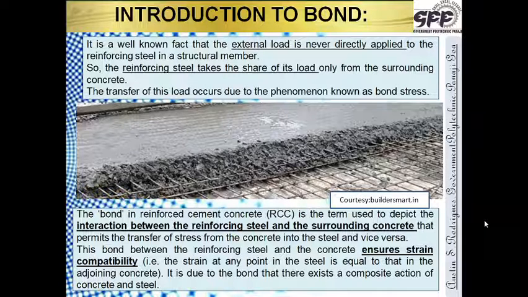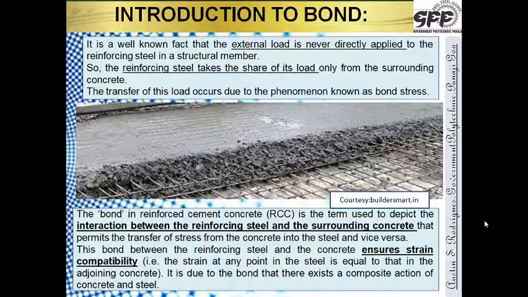Strain compatibility means that at that particular point where the reinforcing steel has been provided, where it has concrete surrounding it, the strain in steel will be equal to the strain in concrete. This is the most important part which we have to understand.